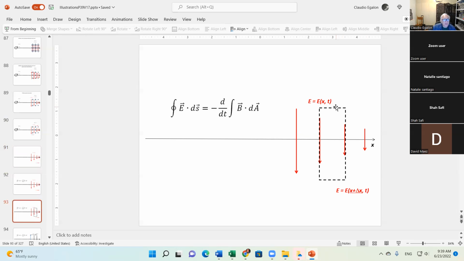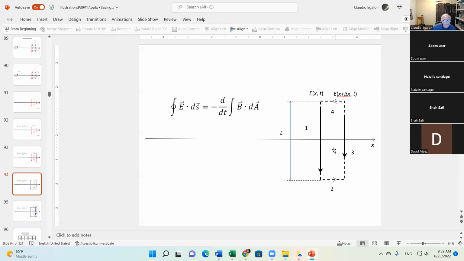This loop that you see here is going to be applied to this integral on the left side of the Maxwell's equations. By doing that, we will be able to show that the Maxwell's equations reduce to the wave equation. There's more to come. Bear with me. Next.